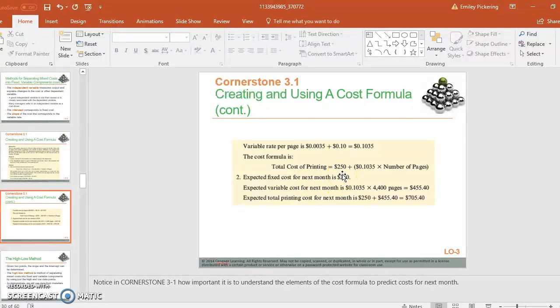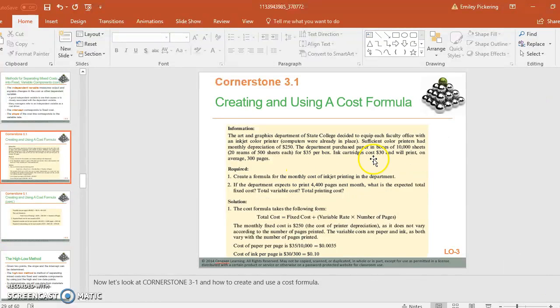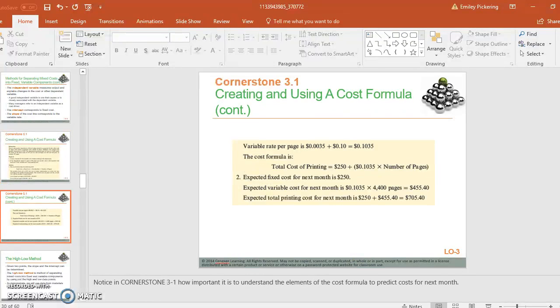I know that's not going to change regardless of how many pages I use, plus the number of pages that I use times 10.35 cents. That's going to be a cost formula for me. For this particular scenario, does it talk about it? It does. So if you have depreciation of 250, no matter how many you make, you're still going to have that cost. And then once you do the math here, I think it costs 10 cents for each page.